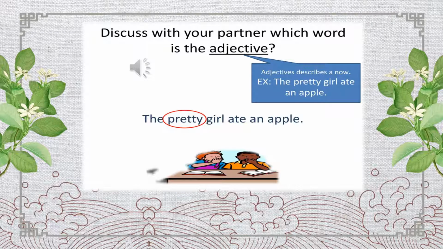Who ate an apple? The pretty girl. Who is noun here? Girl. What pretty tells us? Pretty tells us that the girl is pretty. How the girl is? The girl is pretty. So the word pretty is giving us more information about the noun girl. So we are getting more knowledge about the noun girl. So pretty is a describing word here.